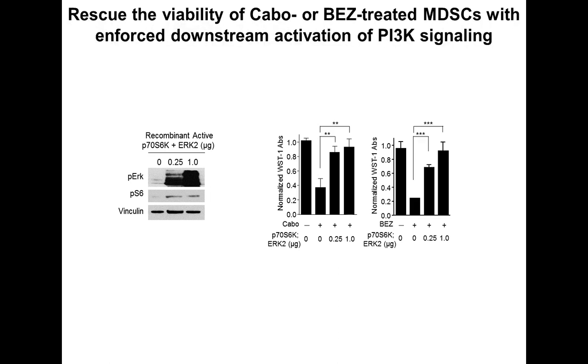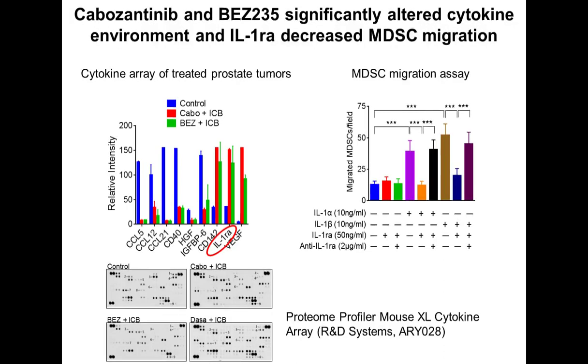But if you transfect the MDSCs with these two proteins, you partially rescue the viability of MDSCs despite the treatment of the drug. So that suggests to us that, indeed, the PI3K signaling is at least partially responsible for reducing the viability and the activity of MDSCs in this model.